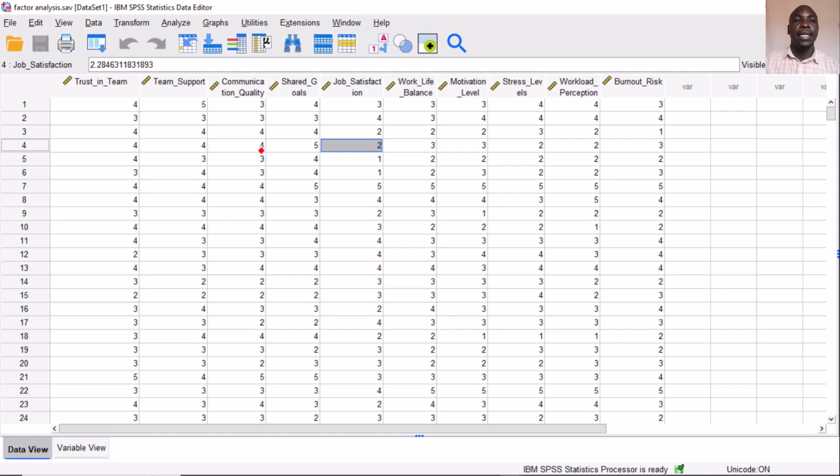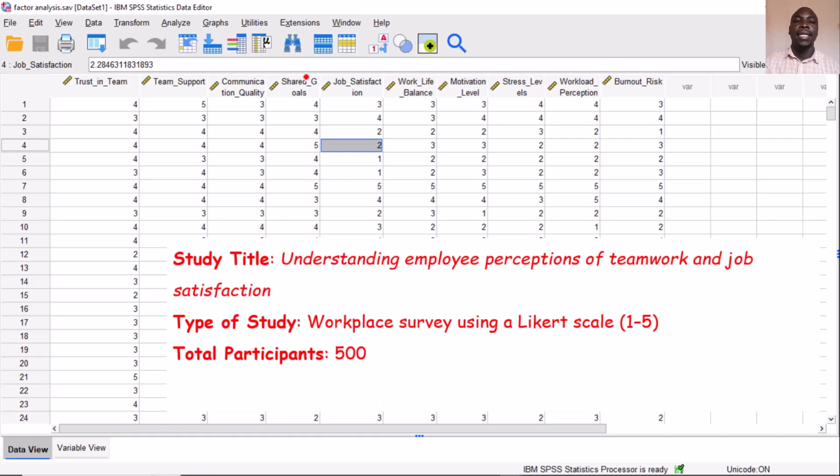So in this data set, we have got 10 variables. These 10 variables are obtained from a study that is aimed at understanding employee perceptions of teamwork and job satisfaction. It is a survey that collected data using a Likert scale from 1 for strongly disagree to 5 for strongly agree, with a total of 500 participants.